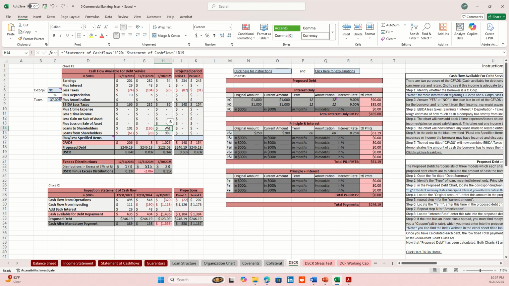Whereas in 2021, they loaned out another $1,000. Loans from shareholders, if it's going down, that means that we're repaying our shareholders. Because remember, loans from shareholders, when it goes up, that means that we have received cash. If it's going down like it is in 2023 and 2024, that means that we are losing cash.